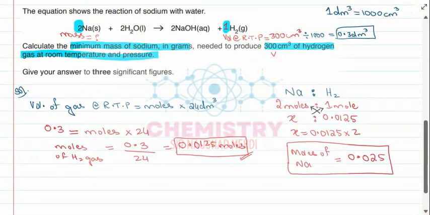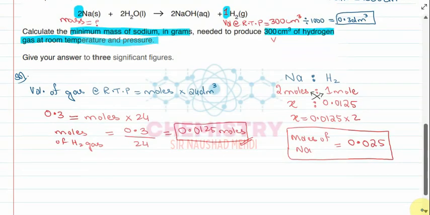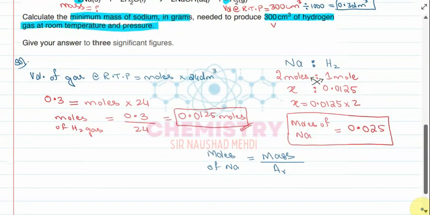Now since I know the moles of sodium, I can easily convert these moles into mass by applying the formula of the moles, and I know the basic formula of the moles, that is moles equals mass in gram divided by Ar or Mr. So in case of sodium, sodium is an atom, and in case of an atom you will be taking Ar, right? So moles you have already calculated, 0.025, and you want to convert these moles into mass.